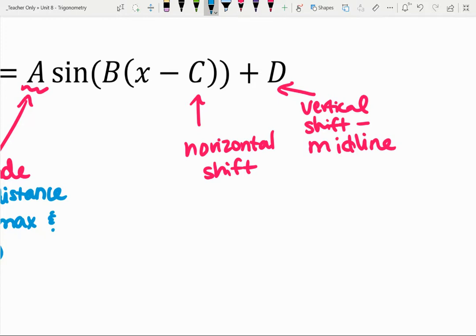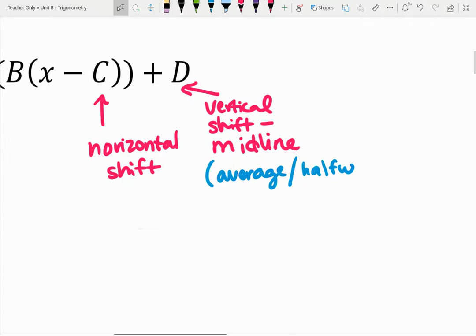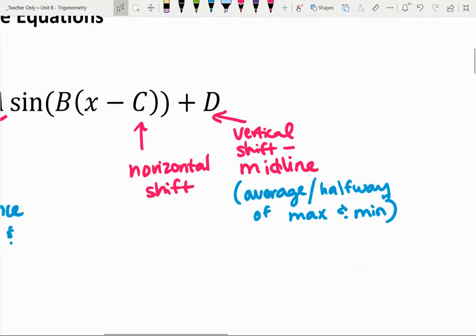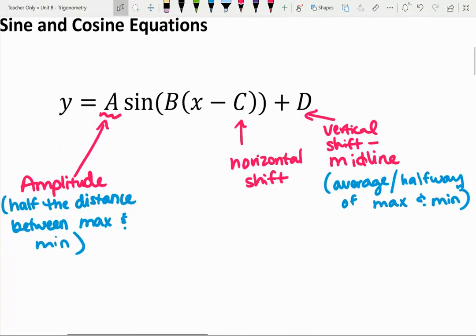And another way to think about the midline is that it is calculated as either the average or halfway point of the maximum and the minimum. So the difference between that and the amplitude is the midline is the actual halfway position. The amplitude is half the distance.